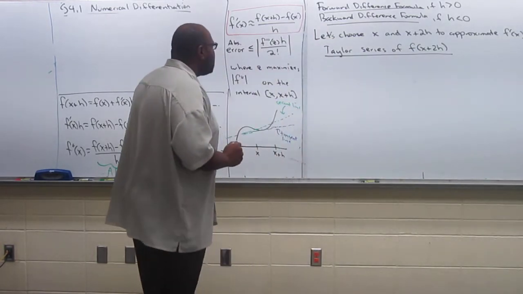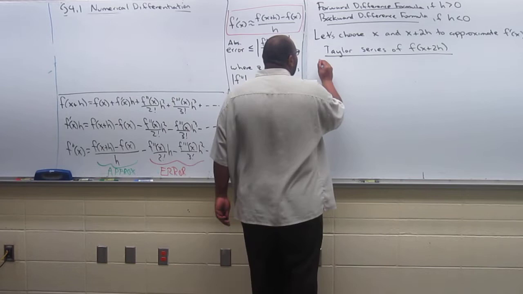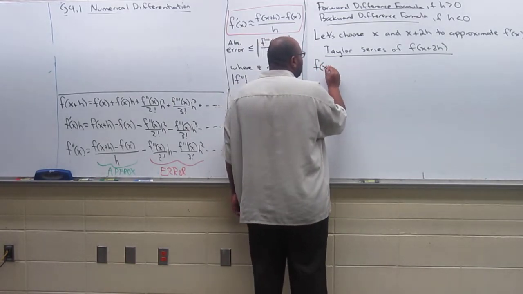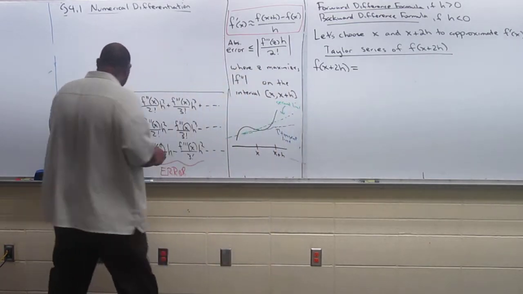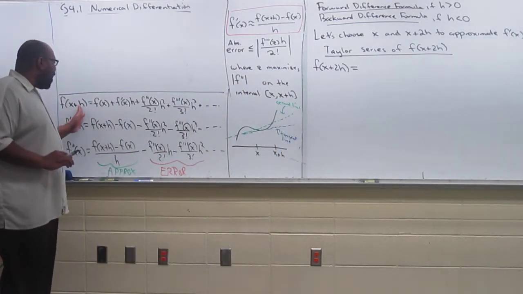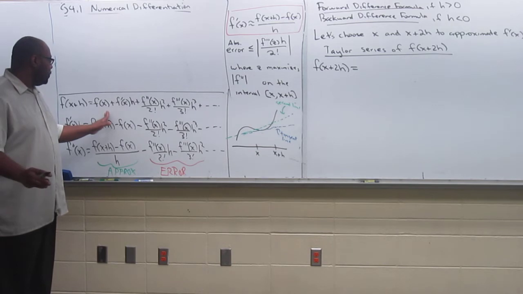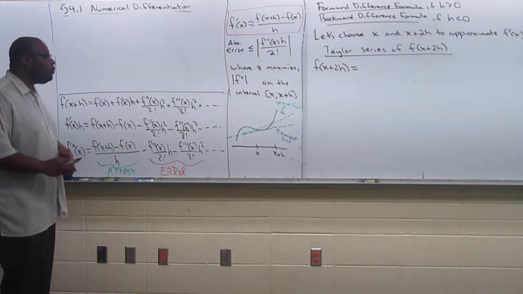So f of x plus 2h. Now, it's going to look very similar to what we have here. Instead of using h, we're going to use 2h instead. So wherever I see an h, I replace it with 2h.